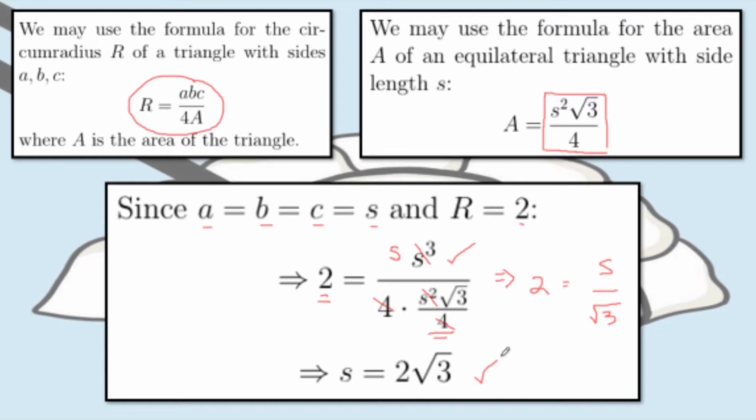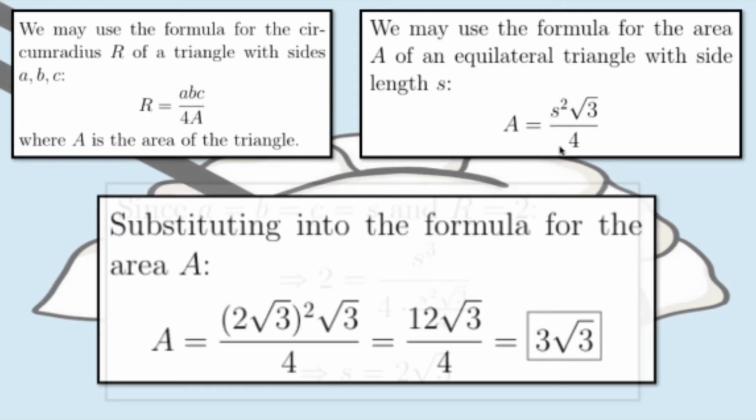Now this is the side length of the equilateral triangle. But the problem asks us to get the area of the triangle. It's very convenient for us to simply substitute this value of s here because we have the formula for the area in terms of s. So we substitute into the formula for the area. This is the value of s, 2 square root of 3.